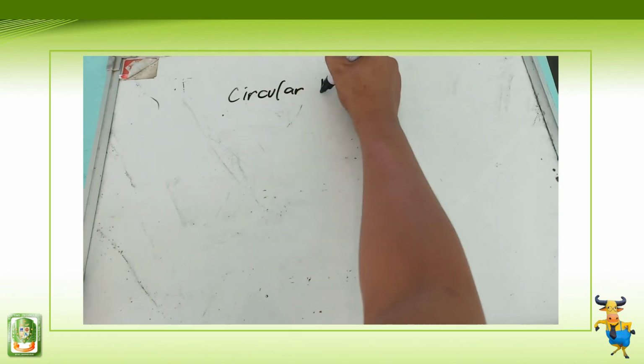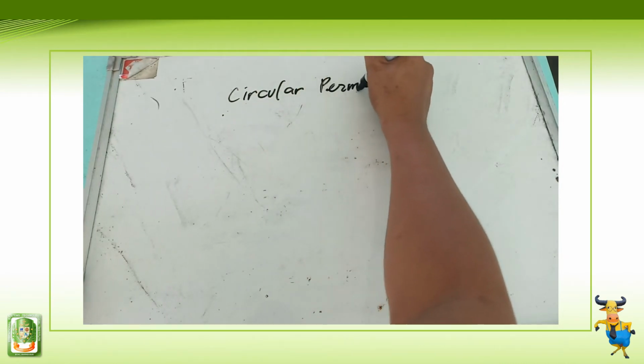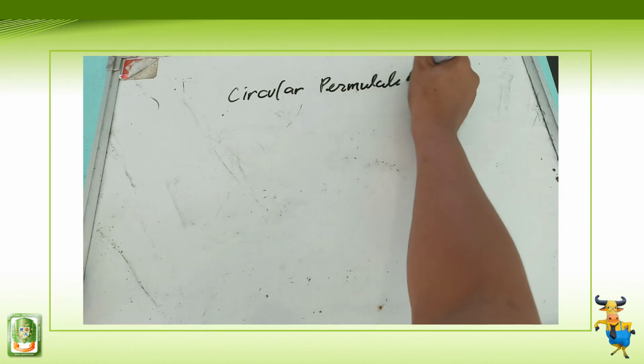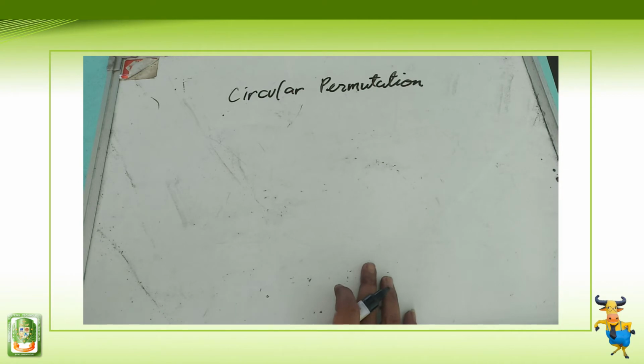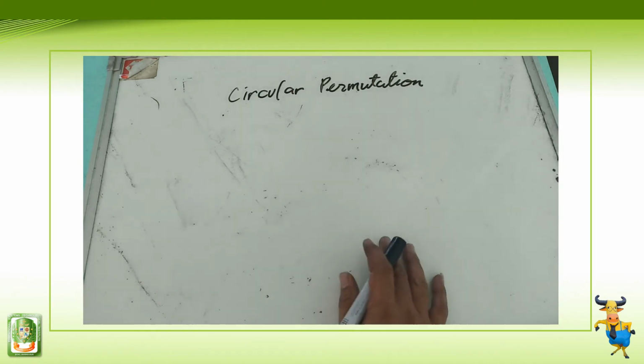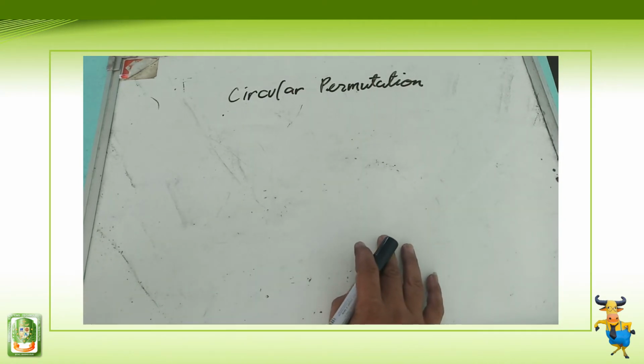We proceed to another kind of permutation, and this is what you call the circular permutation. In a circular permutation, there is a special case of permutation where the arrangement of things is in a circular pattern.